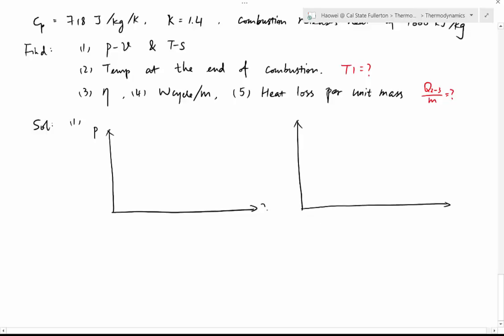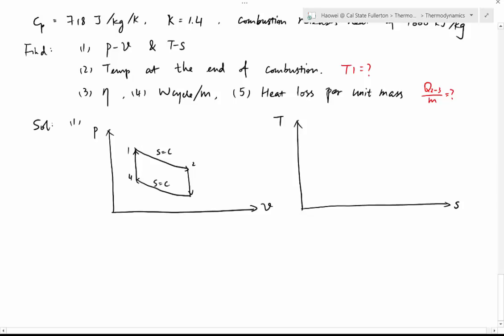P versus nu and T versus S. On a P versus nu diagram, it's like this. 4 to 1, 1 to 2, isentropic, 2 to 3, 3 to 4, isentropic.